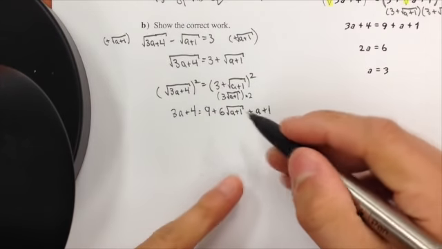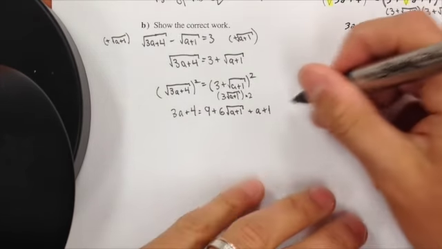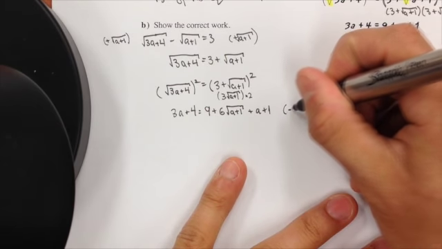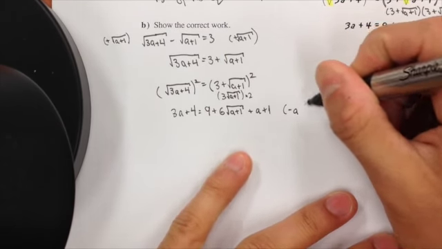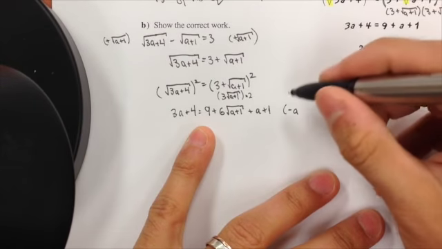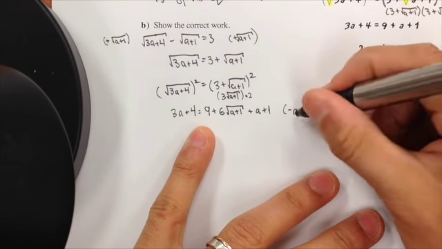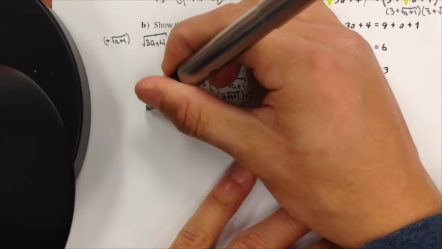Alright, and so what I'm going to do is I'm going to bring this a plus 1 over to the other side. And so I'm going to go minus a, and then minus 1. But I'll do this one at a time.